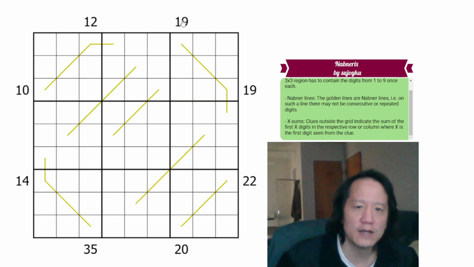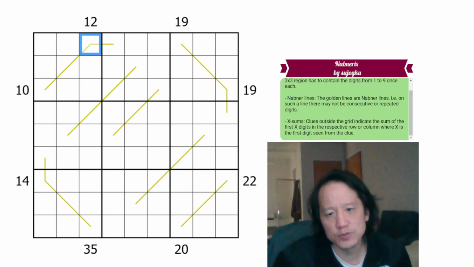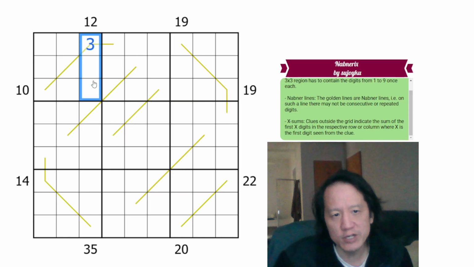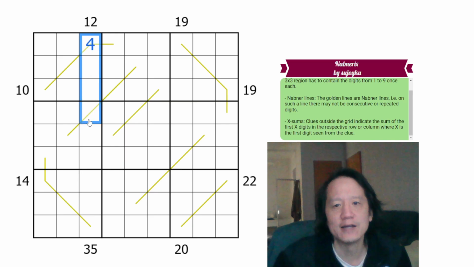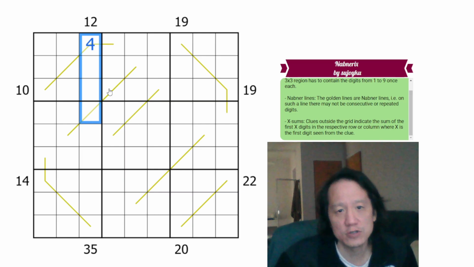For example, if this were a 3, that means the first 3 digits would have to add up to 12. If it were a 4, that would mean the first 4 digits would have to add up to 12. And that's how xsums work.